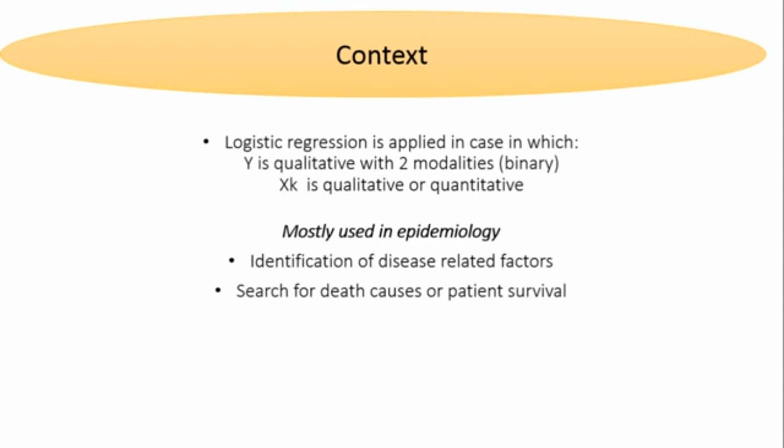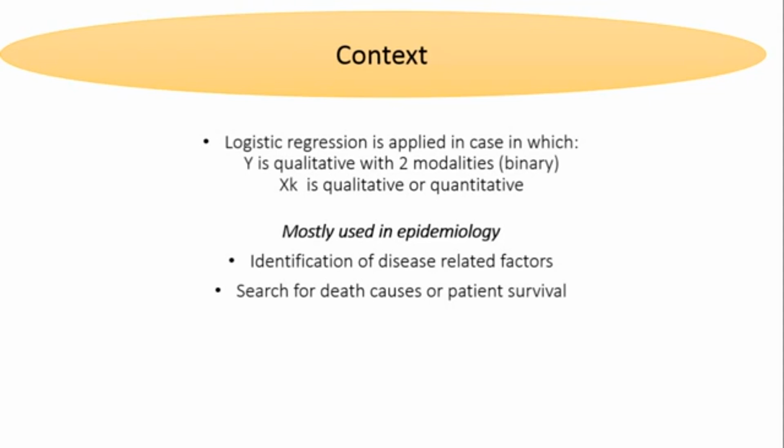So logistic regression is mostly used in epidemiology in order, for example, to identify disease-related factors, or to search for the causes of death or patient survival. You need to know what causes a particular disease.